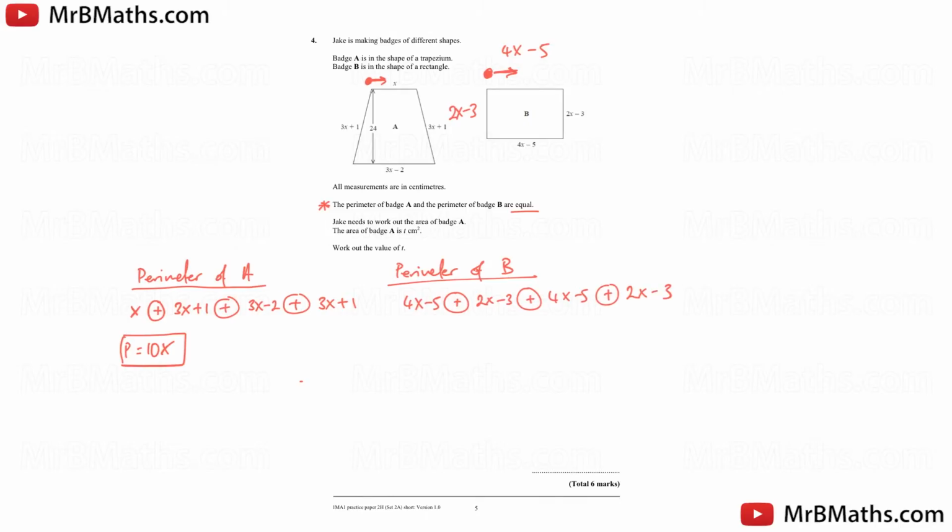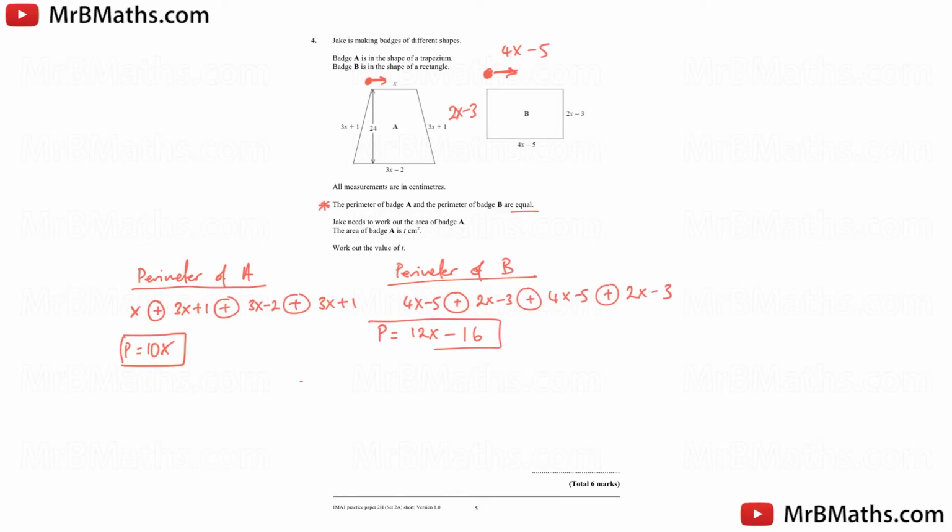Now, of course, you could do the quicker way and do 2 times each length, but I just prefer to do it this way so there's no mistakes. So if we add up the like terms, we have 12x, then we've got minus 16, so that's the perimeter of B.